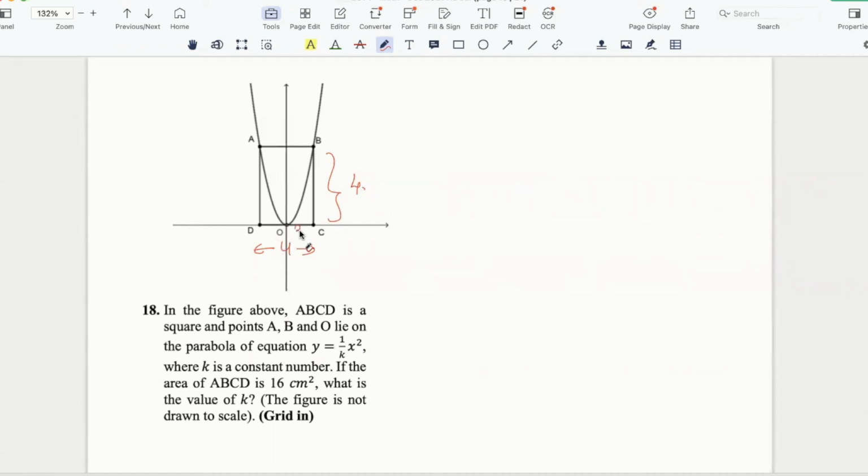So that means that this distance is 2. So C is (2, 0) and this is (-2, 0), and B will be (2, 4). So if we put (2, 4) in the equation of the parabola, I'll get 4 is 1 by k into 2 squared. So k is 1.